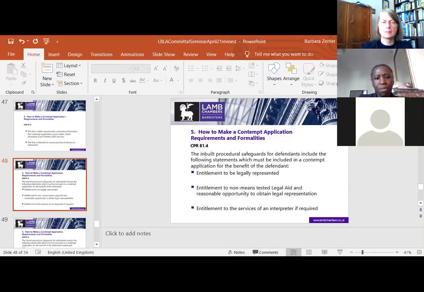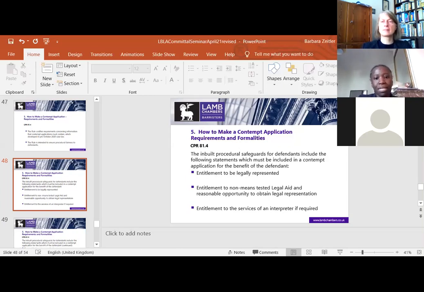Before, there was some confusion as to whether matters could be adjourned to give the defendant time to obtain legal advice. Well, that has clearly been set out in the rules, in that the defendant is entitled to a reasonable opportunity to obtain legal representation and to apply for legal aid, which may be available without means test.